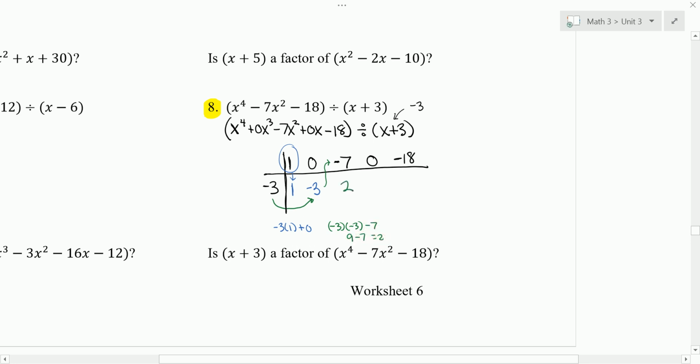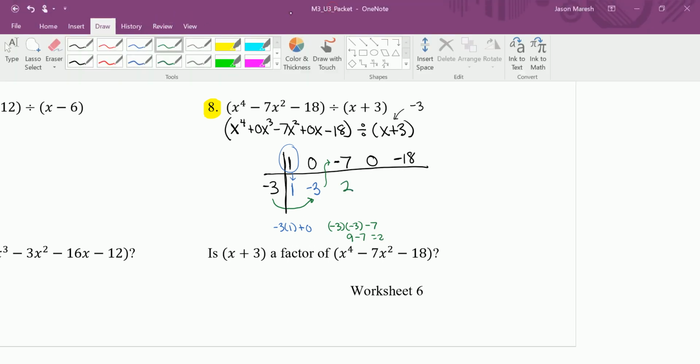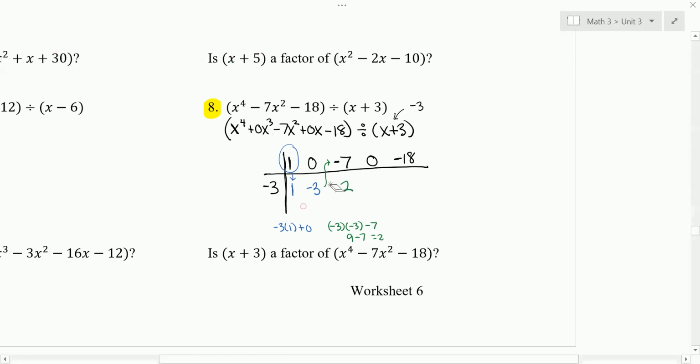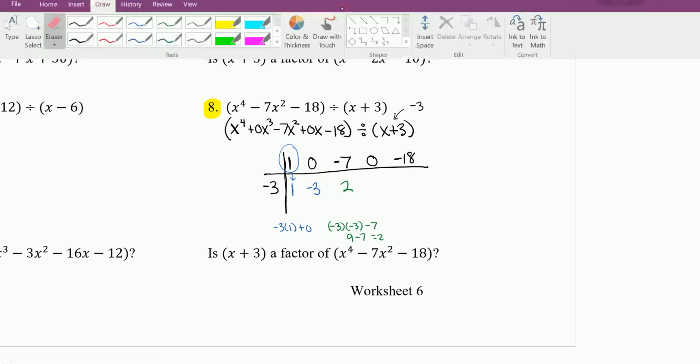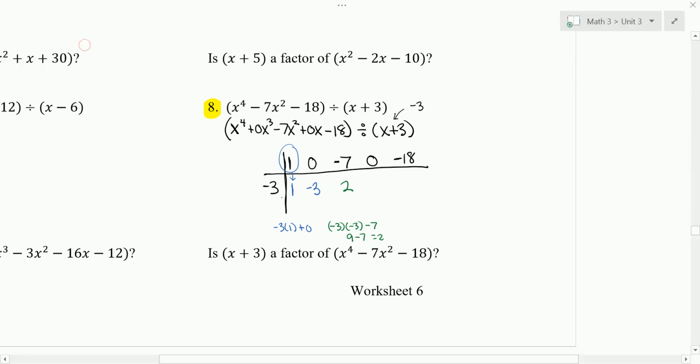And I put the 2 here. And then keep going. Next is going to be negative 3 times 2. And then add that result to 0. And we get negative 6.